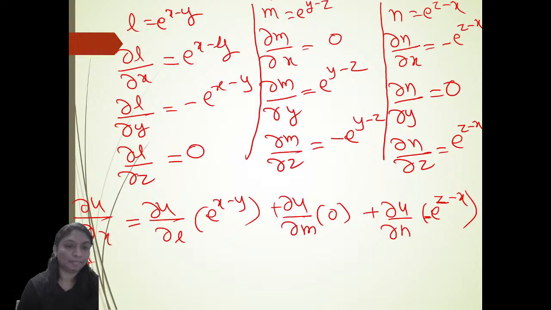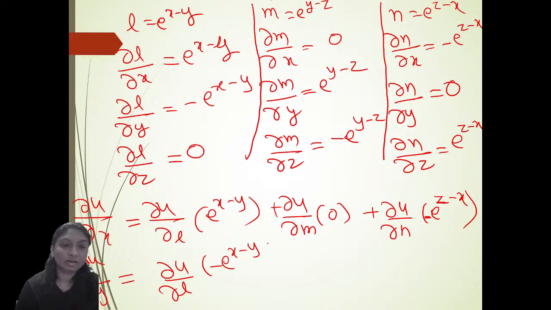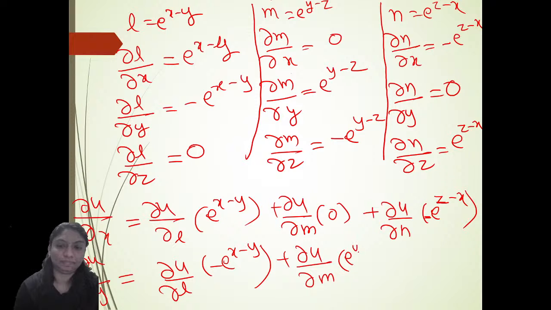∂u/∂y is equal to ∂u/∂l into minus e raised to x minus y, plus ∂u/∂m into e raised to y minus z, plus ∂u/∂n into 0.